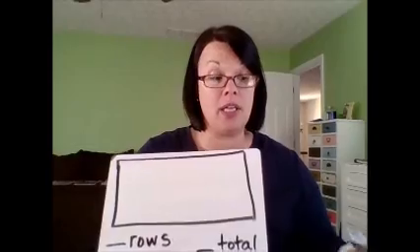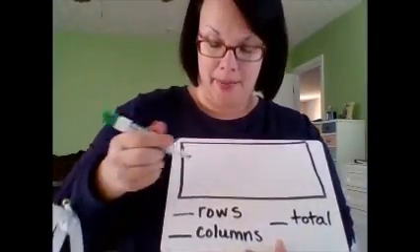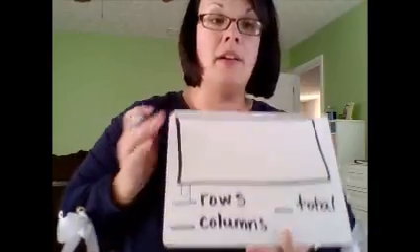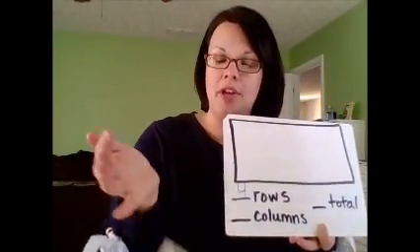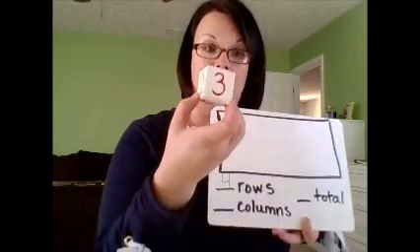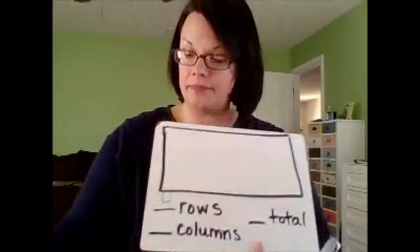So I am going to show you how we're going to play this game today. I'm going to do it once with the cards and once with the little number cube. If you either make one of these or you have some dice at home, all you're going to do is roll the dice. The first one I came up with is a 4. So I'm going to record on my paper 4 rows. Then I'm going to roll the dice or number cube again, and I got 3.